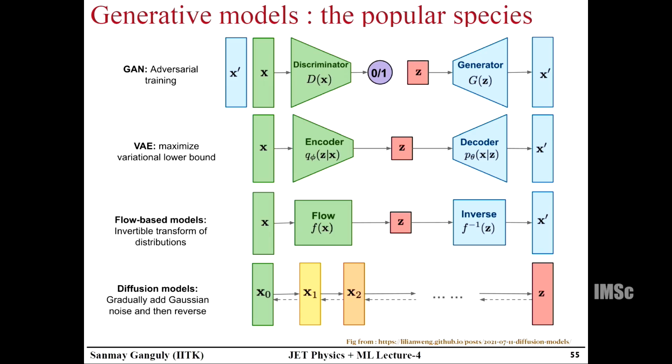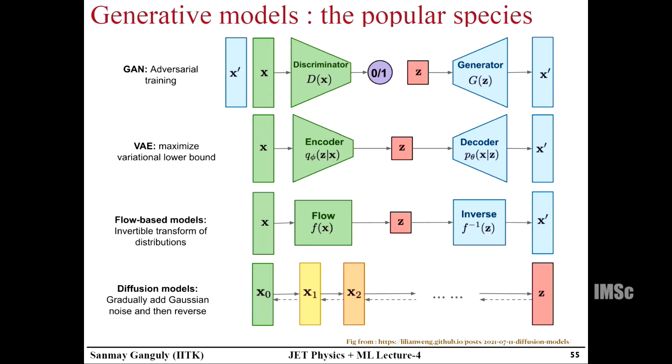Just giving you a perspective on where we stand in generative models: we had a GAN with a discriminator and generator, we had an autoencoder with an encoder and decoder network, and in the flow based model we directly had access to the distribution functions f themselves, where we can also compute the inverse function.